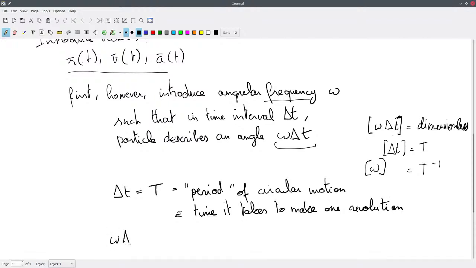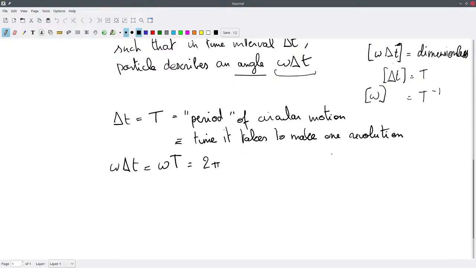Then omega delta t, or omega big T, will have to be the angle over one revolution. That's going to be 2 pi. So that gives us already one way to define omega. Omega is going to be 2 pi over the period of motion. So for a full revolution, one time around the circle, it takes a time T. So omega will be 2 pi over T.